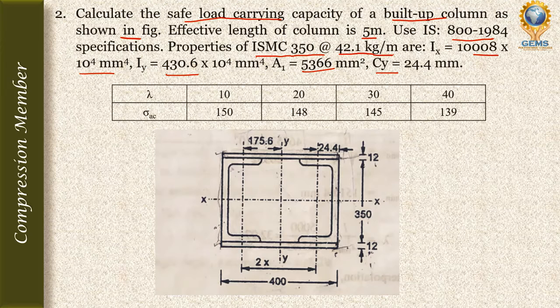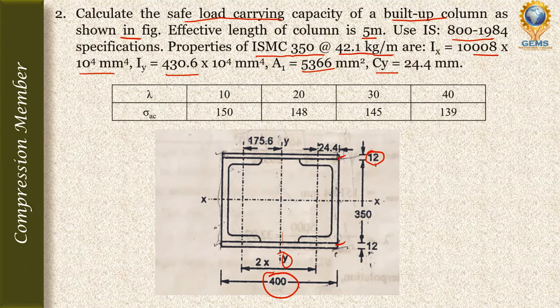So the figure shows two built-up sections facing each other, and they are covered by two cover plates. The two cover plate sizes are 400 by 12 mm thickness. Breadth is 400, thickness is 12 mm. So the y-axis lies here.